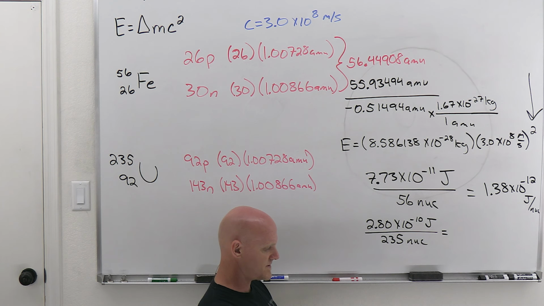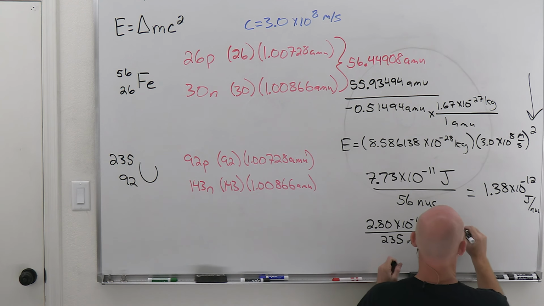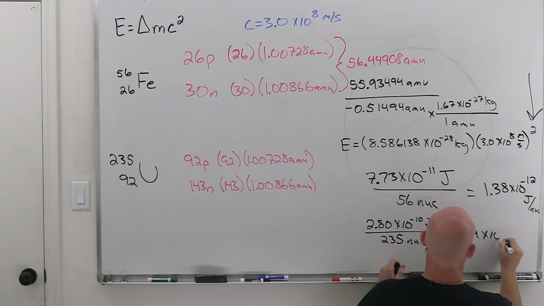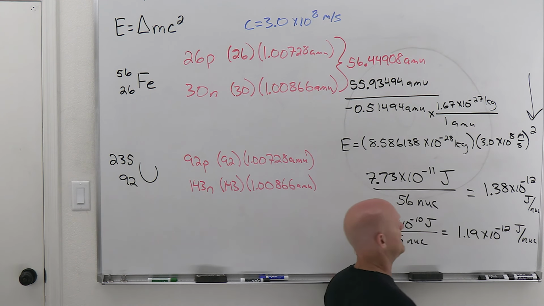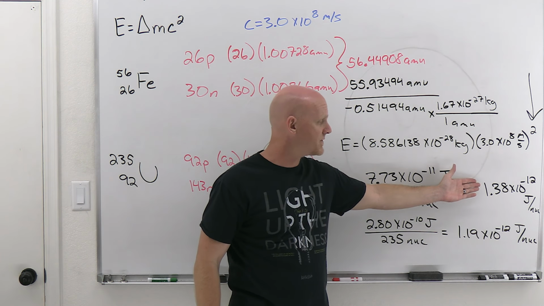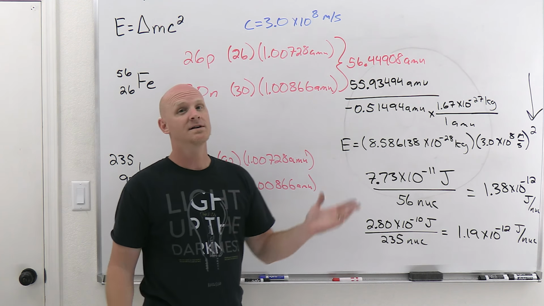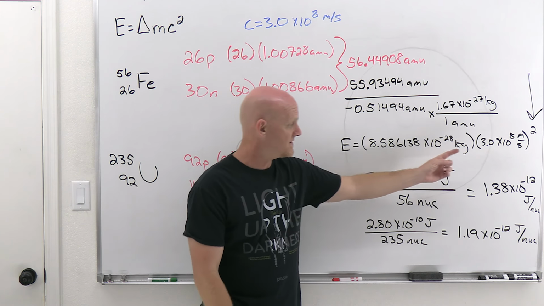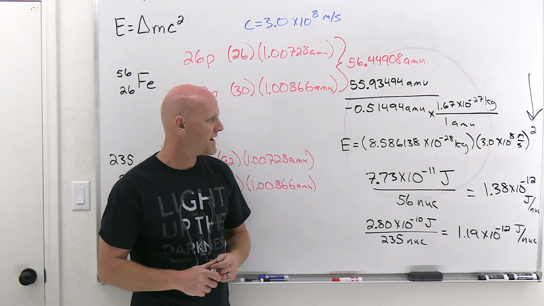So we'll divide by 235, and now we're going to get 1.19 times 10 to the negative 12. And so now we see that, yeah, iron 56 has a higher nuclear binding energy per nucleon than does uranium. And notice it doesn't seem like a big amount, but it's enough to be not radioactive versus fairly radioactive. But that's nuclear binding energy per nucleon.